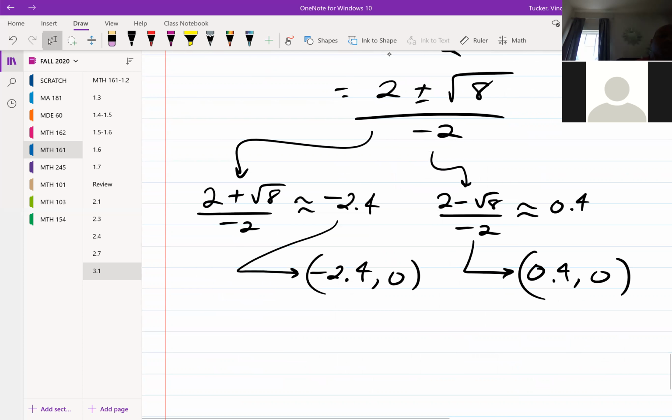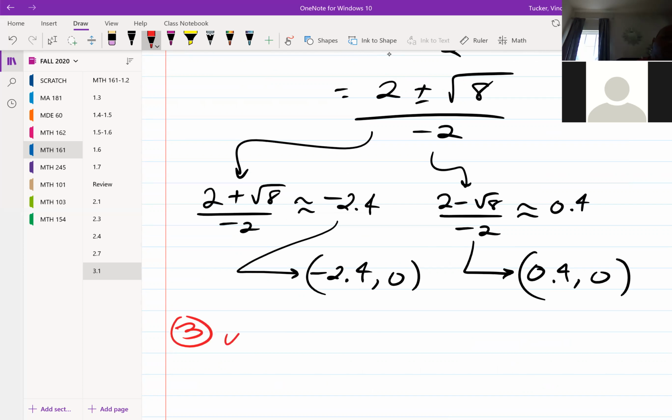All right. Now we need to find step 3, y-intercept.